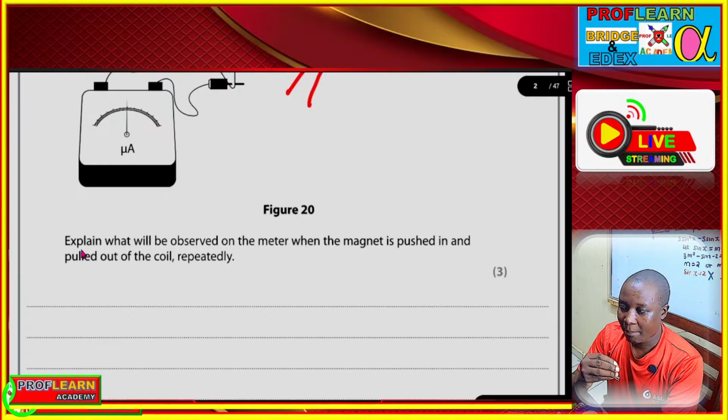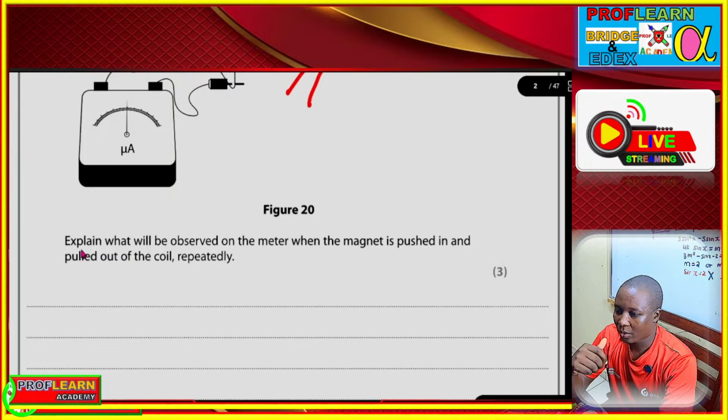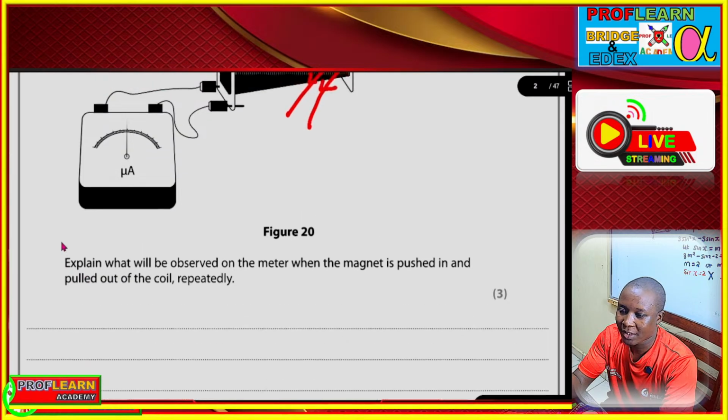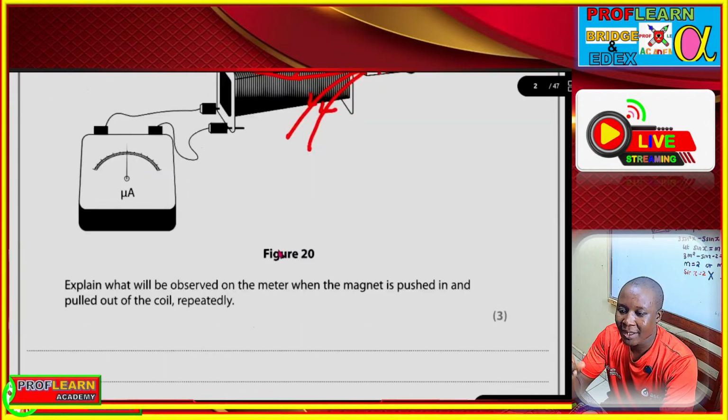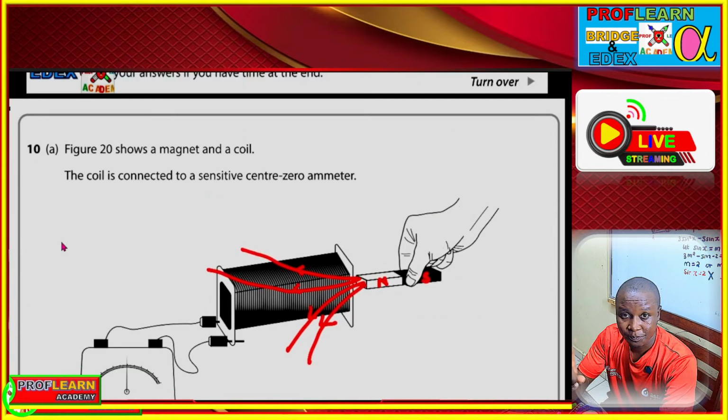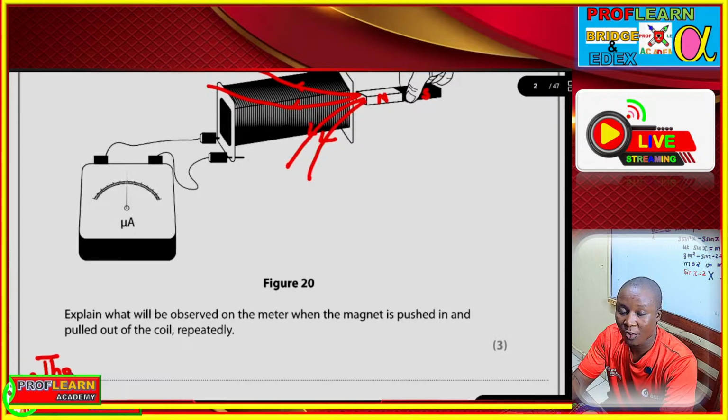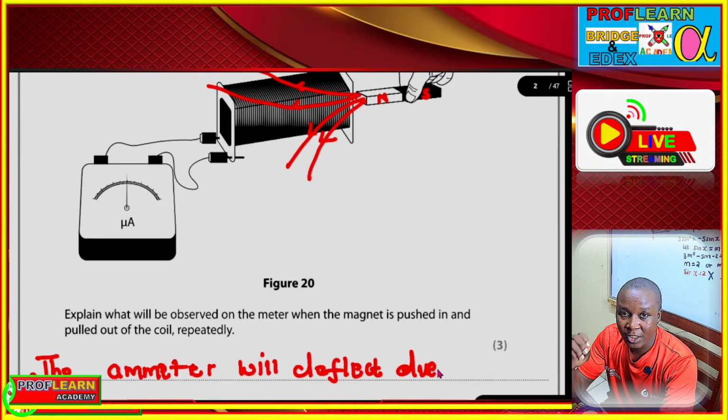And when that happens, a current flows. So in this question, we are told, explain what will be observed on the meter when the magnet is pushed in and out. The meter is going to deflect due to the flow of electric current. So the meter will deflect, and this deflection is due to the current that is detected.